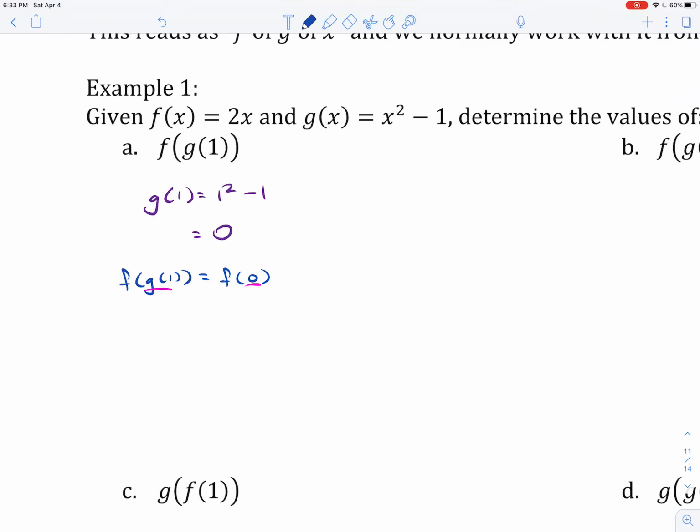Well, then we can just sub that right in. F of x is 2x. F of 0 is 2 times 0. And that's just from pulling this definition of f of x into there. And 2 times 0 is 0. Therefore, f of g of 1 equals 0.